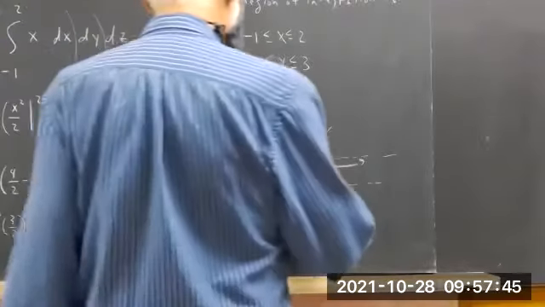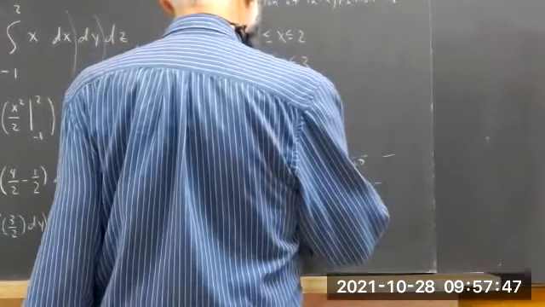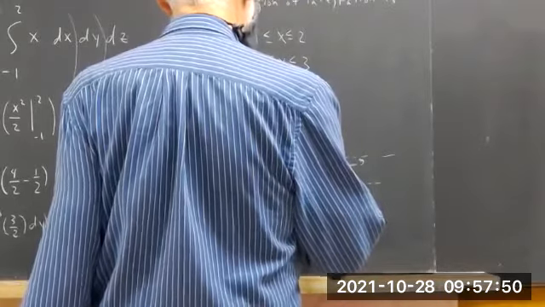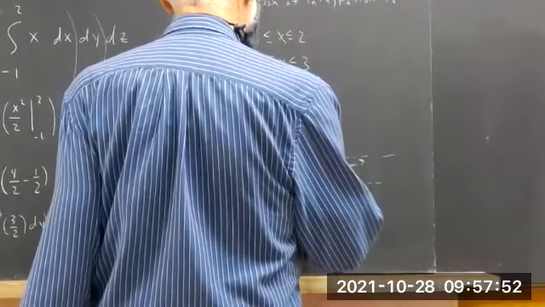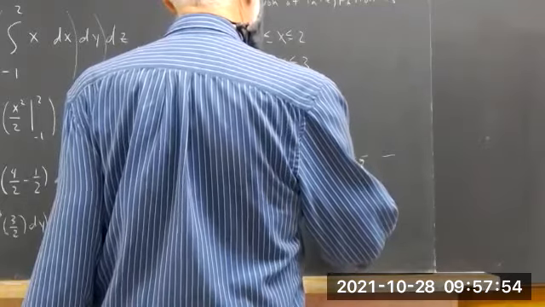Y from 2 to 3, well, let's say here's 2. And here's 3.